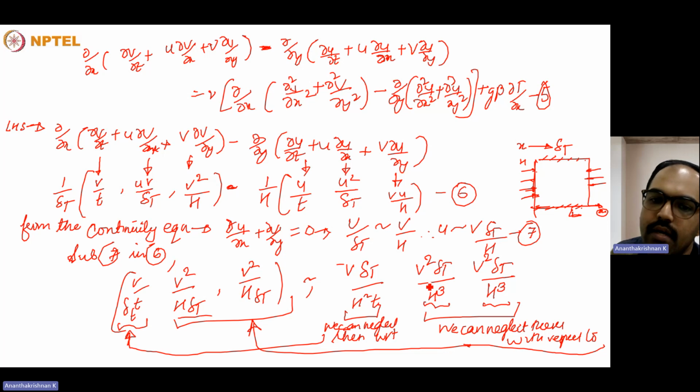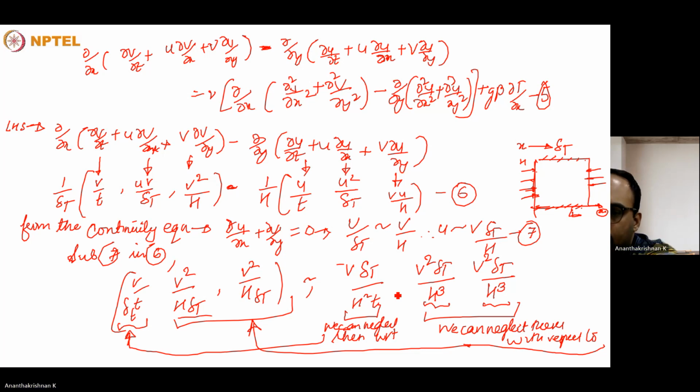What it means is that the inertial terms of the x dimension momentum equation are very much less compared to those of the y dimension momentum equation. So basically we can eliminate the second part of the left hand side. That will be one simplification.